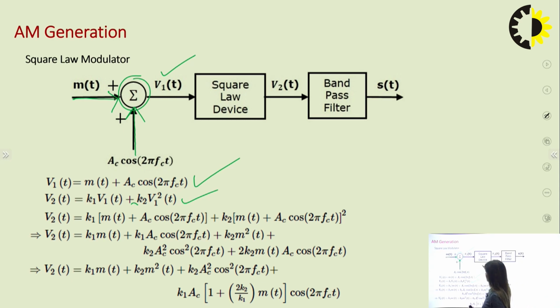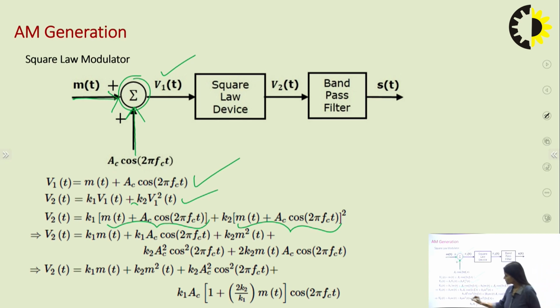Now I will put this expression in: K1 times m(t) plus AC cos 2 pi FC t for V1(t), plus K2 times m(t) plus AC cos 2 pi FC t whole square. Now I will use the formula (A plus B) whole square and do some modifications, and we will get the result.